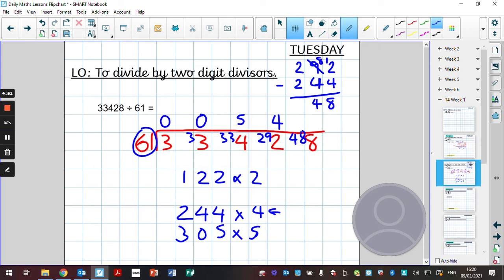Now you may have realised that if I double 244, I get 488. And that is 8 lots. Now, because I've used my multiplication facts, it's helped me out, hasn't it, doing that last calculation. So, what is 33,428 divided by 61? It is 548.